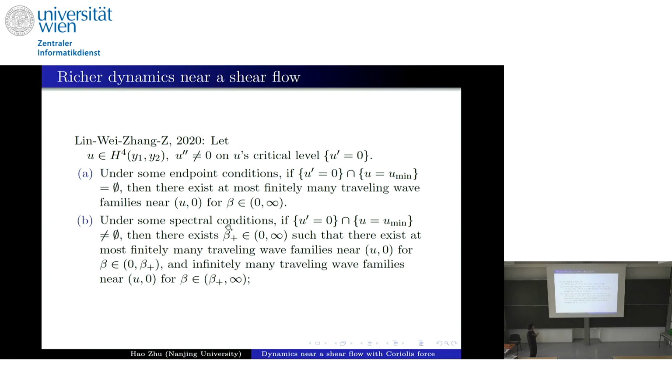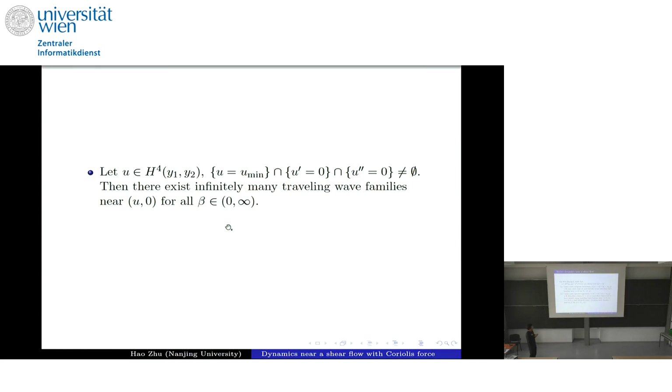And if the profile is degenerate, by degenerate I mean that there is a critical point which is a minimal point, and its second derivative is also 0. So we call it a degenerate profile.